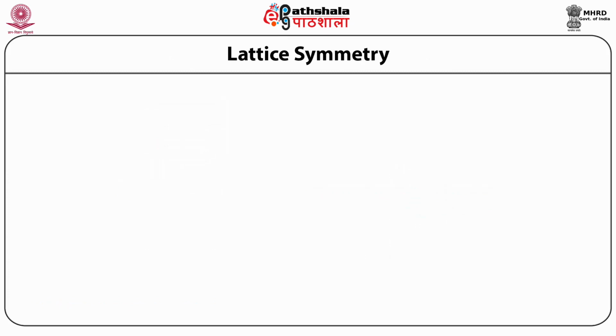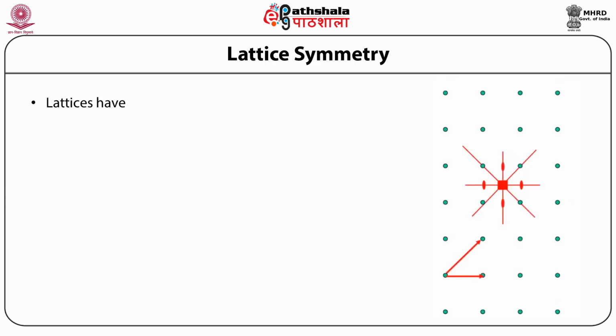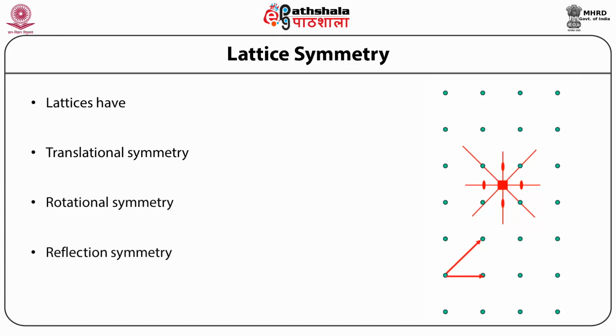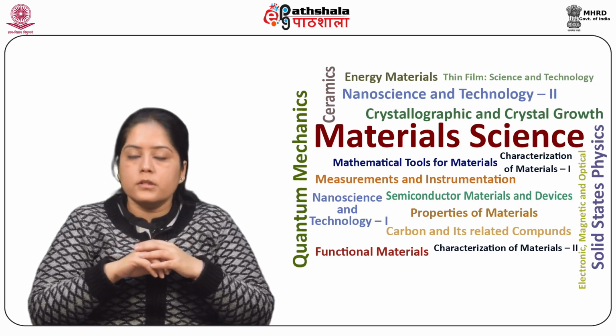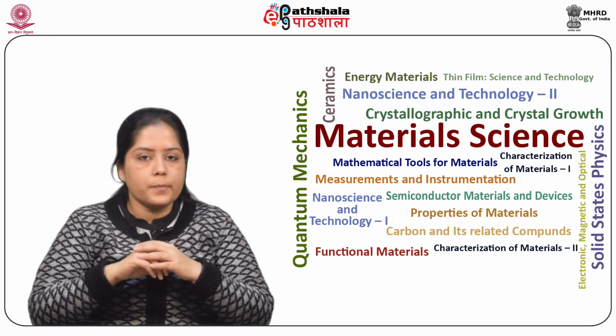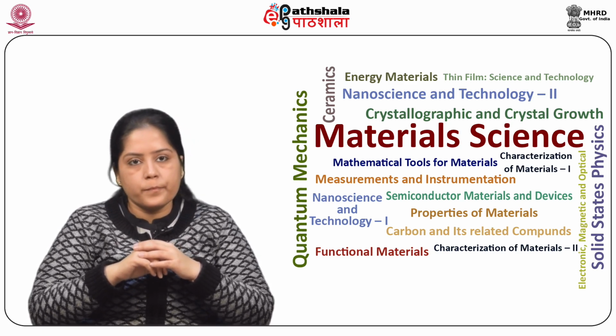Lattice symmetry. The lattices typically have the following symmetry elements, as shown in the figure also. First is translational symmetry, second rotational symmetry, and third is reflection symmetry. Now let us discuss the point and space groups.